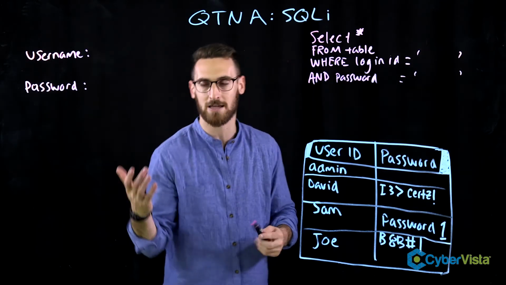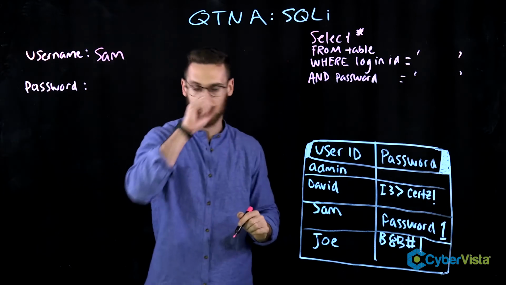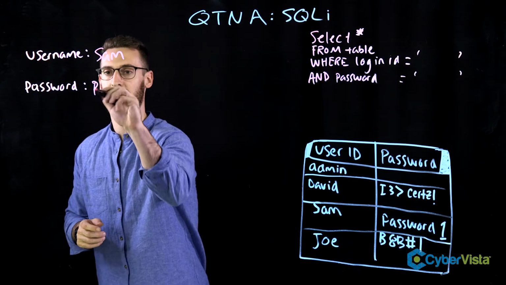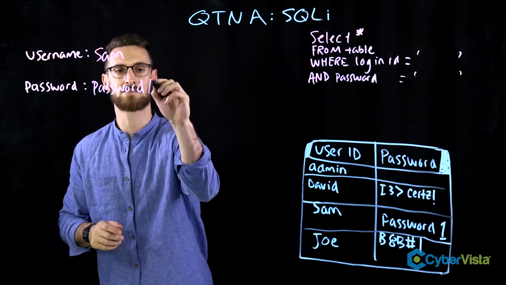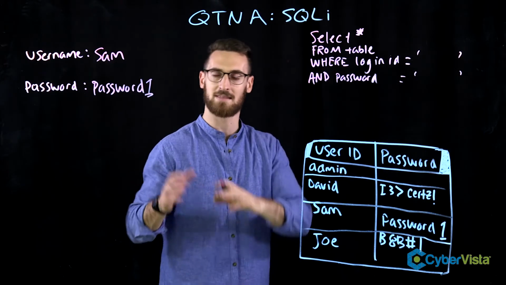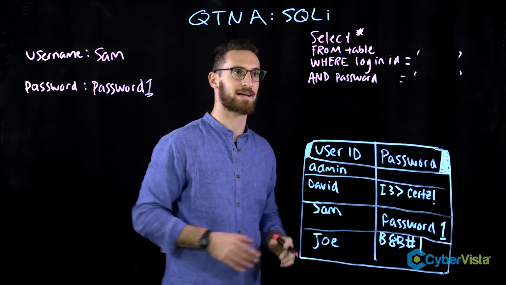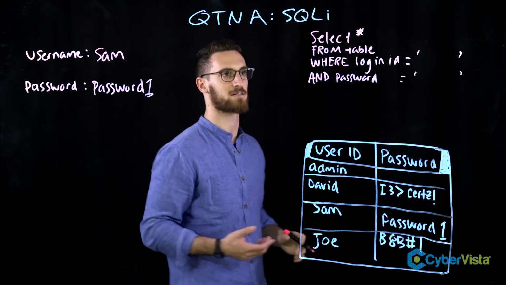If I'm going to try to log in, say my username is Sam, and because I'm a huge nerd, my password is a really bad password, password1. I type this in, and this is going to query the backend database, and this is what the syntax looks like.